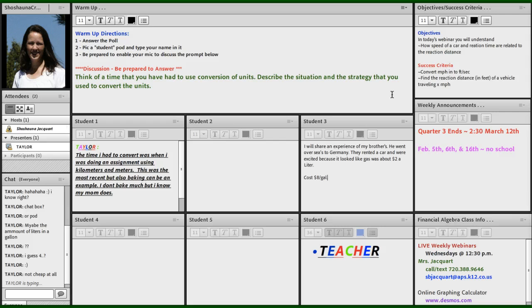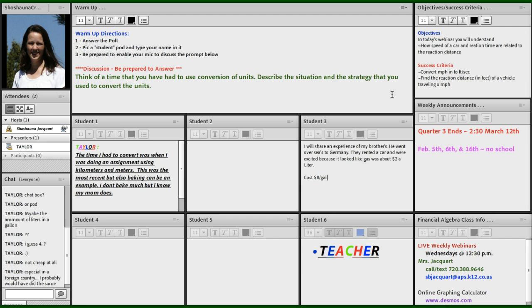Dinars? I don't know. Do you know, Taylor? The currency in Germany? I don't. But anyway, you see a sign for gas and it's like $2, and you're like, woohoo, that's cheap. And then he goes to fill it up and remembers that it was per liter and it takes four of them. So then he realizes he's paying a lot of money for filling up this vehicle.